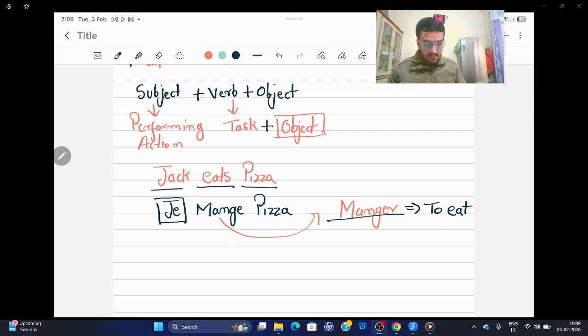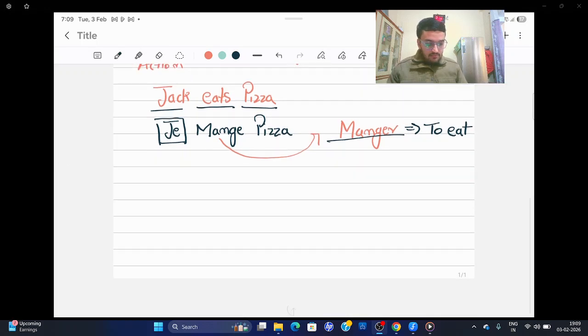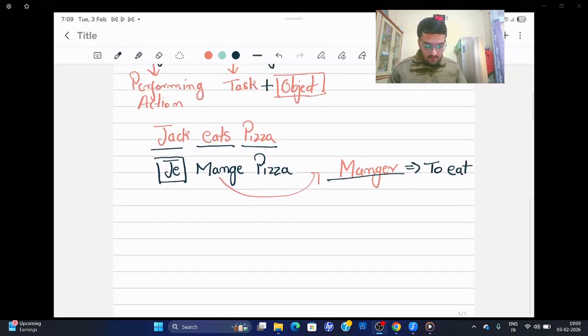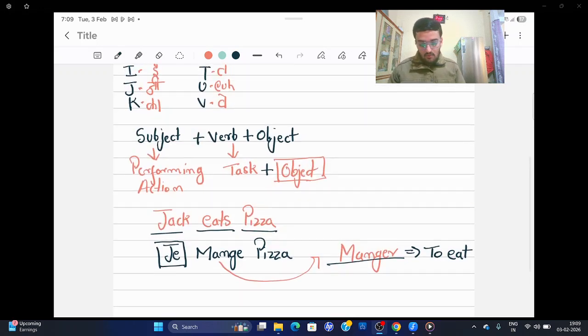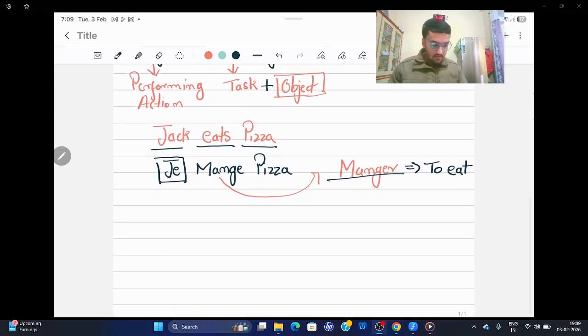Je mange pizza. I eat pizza. So as you can see, this is the basic sentence formation, which follows the basic structure rule of subject plus verb plus object.